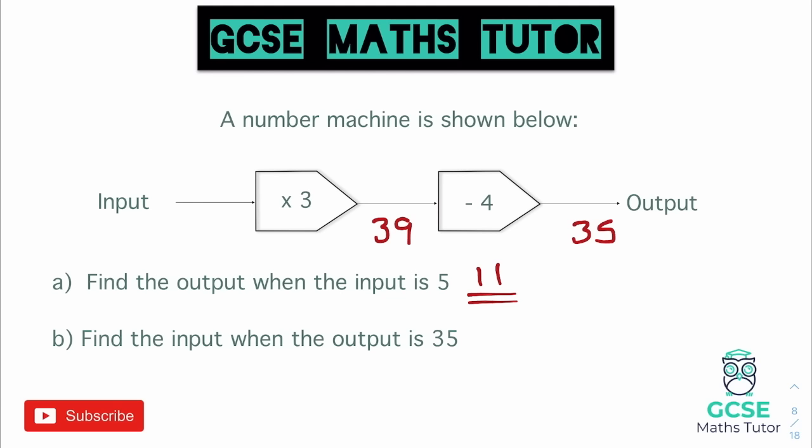So to reverse that, we would divide by 3. So if we divide 39 by 3, we get an input of 13. And again, you can check that going back through the number machine, because 13 times 3 would equal 39. Take away 4, that would give us 35. So our input must have been 13 for the output of 35. And there would be our two solutions there when looking at using a number machine.